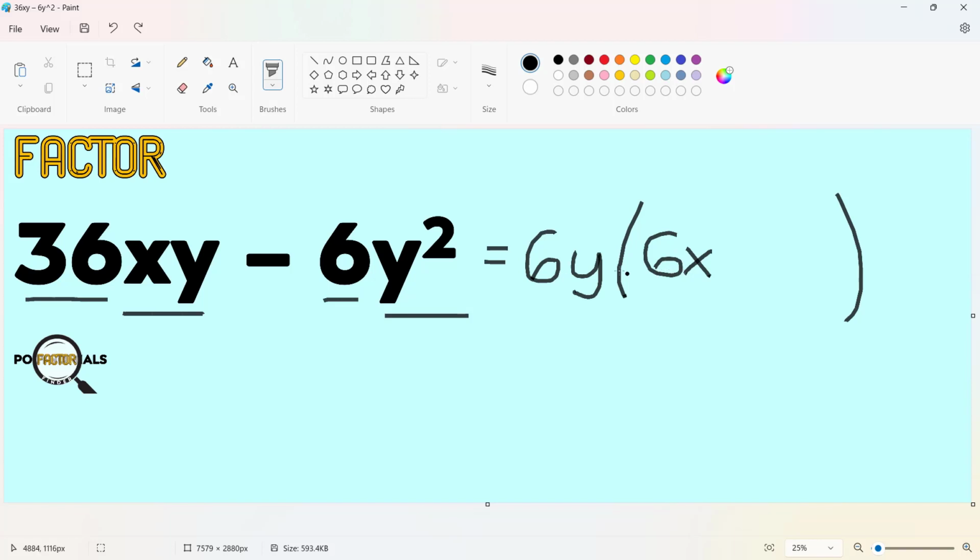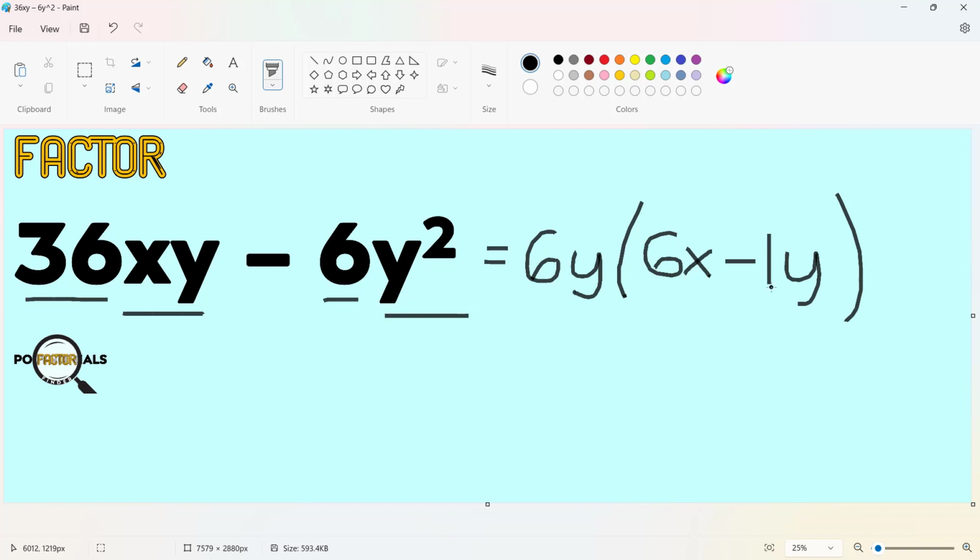For the second term, we are still going to use minus here for this. And since we take out 6, we have here 1. We retain 1. And for factoring y from y squared, you will have y to the power of 1. So this is what happens to the second term.